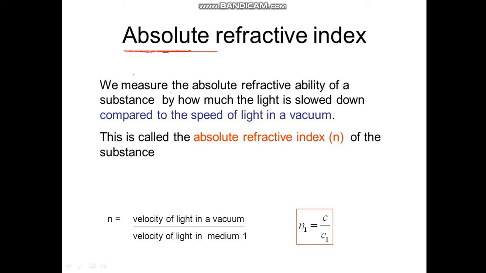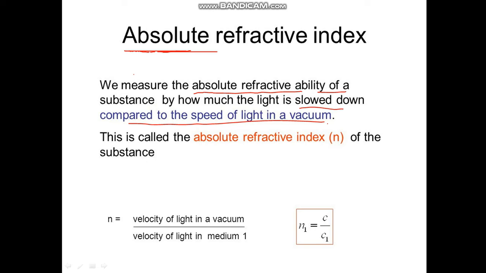So remember, we measure the absolute refractive ability of a substance by how much light is slowed down compared to the speed of light in vacuum. Why have we used the word slowed down over here? Obviously, because the speed of light in vacuum is maximum.